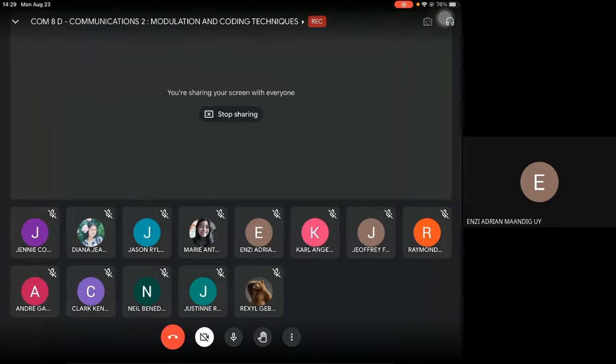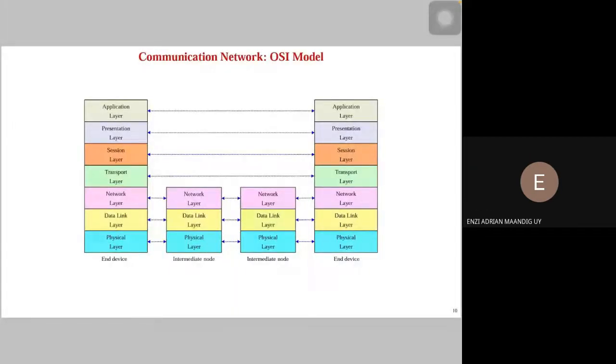So, OSI means Open Systems Interconnection model, no? OSI model.